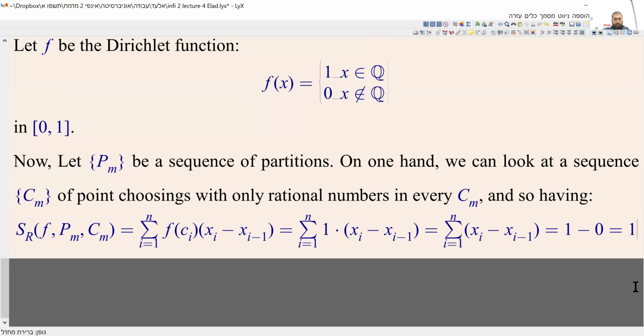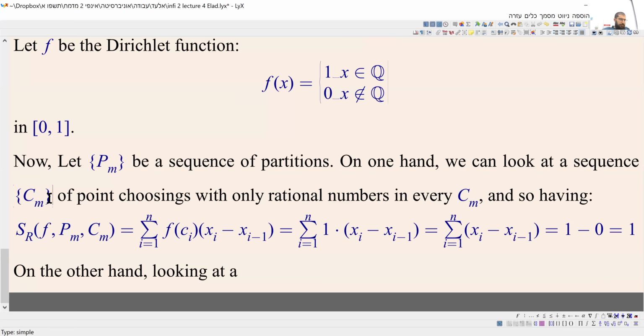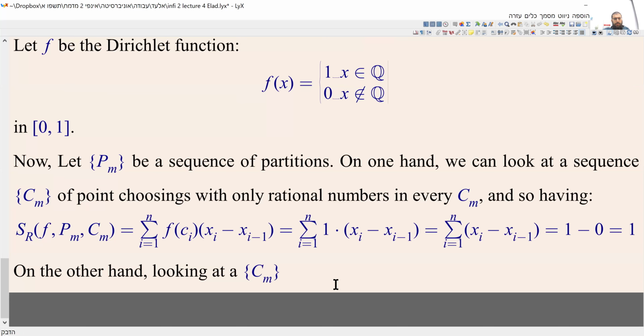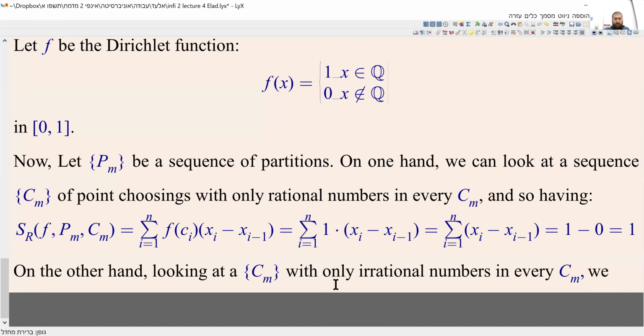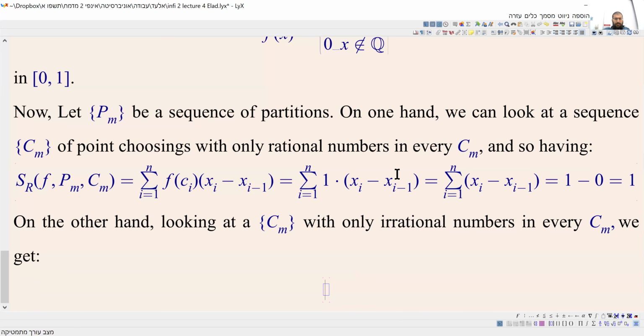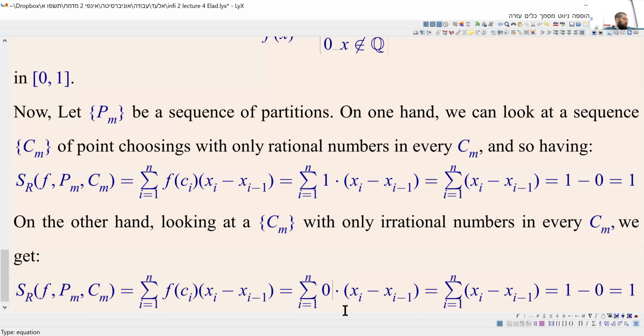On the other hand, looking at CM, a different sequence of point choosing with only irrational numbers, we get the Riemann sum is 0 multiplied by whatever, which is, of course, 0.